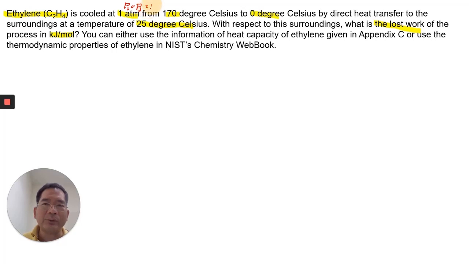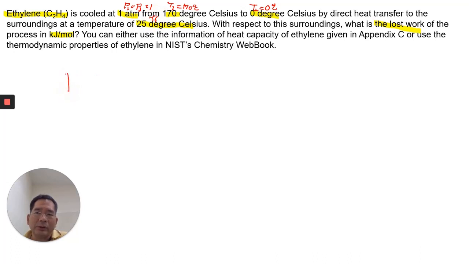The temperature is 170 degrees Celsius. This is T1, the initial or entering temperature, 170 degrees Celsius. And the final temperature is 0 degrees Celsius. Okay, so the temperature of the surroundings is 25, so this is T sigma.